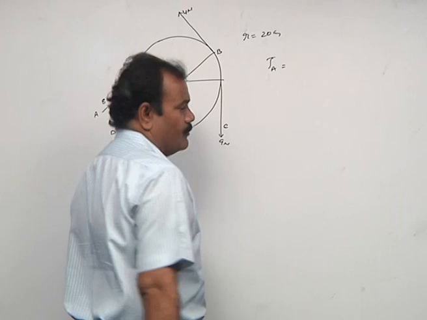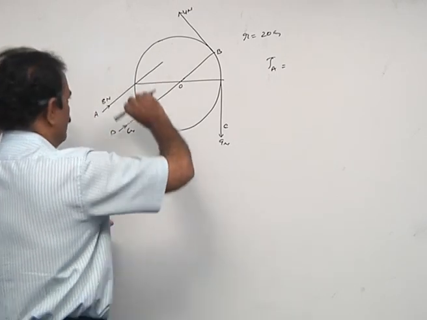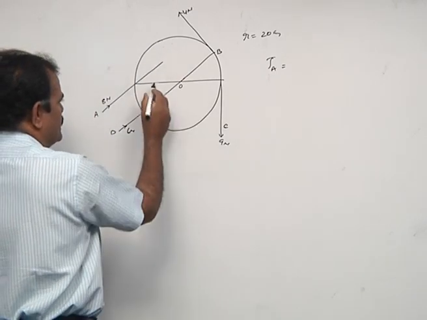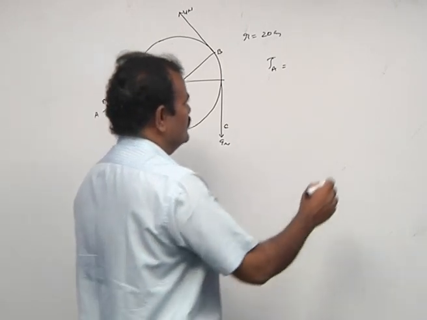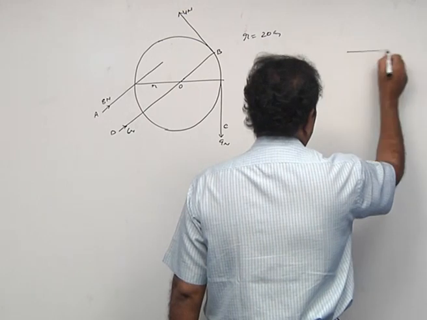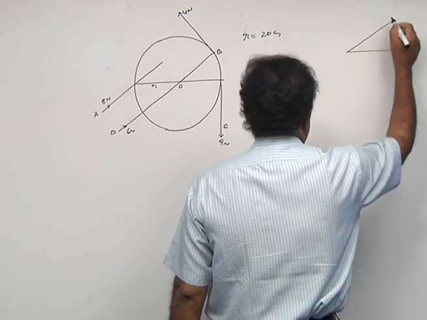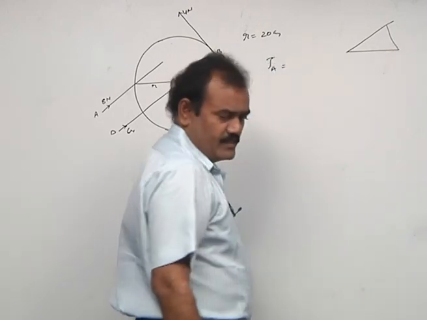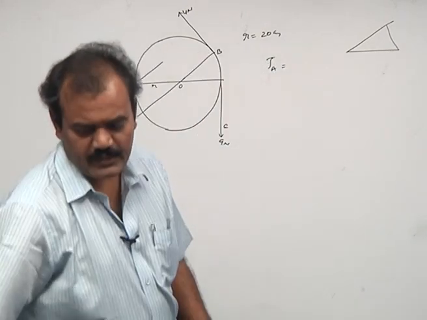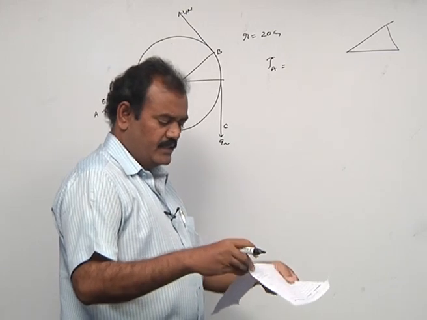It is the force into the perpendicular distance. So this is the force, and here R is the radius that is given. The perpendicular distance is here in this case. You are also given this angle, which is 30 degrees.